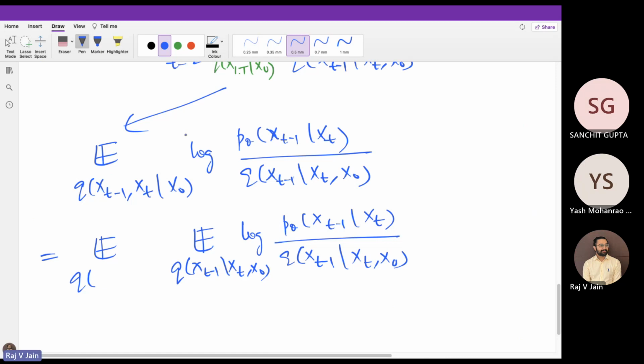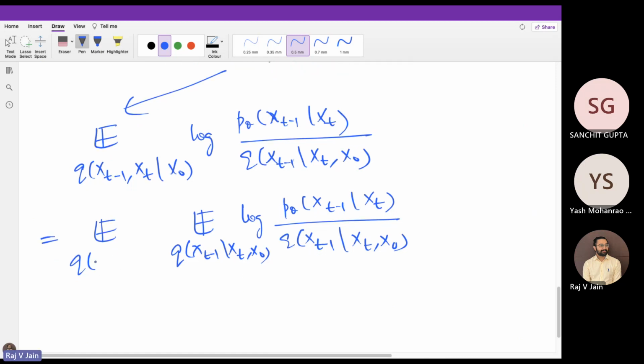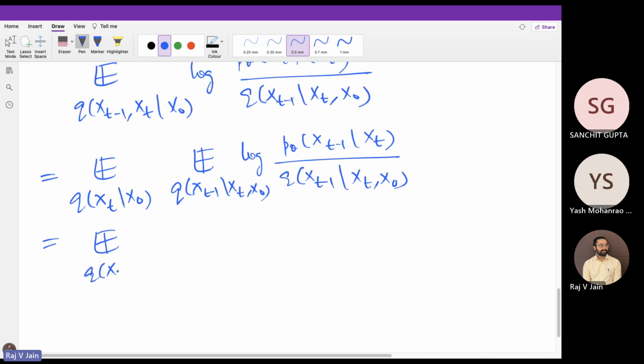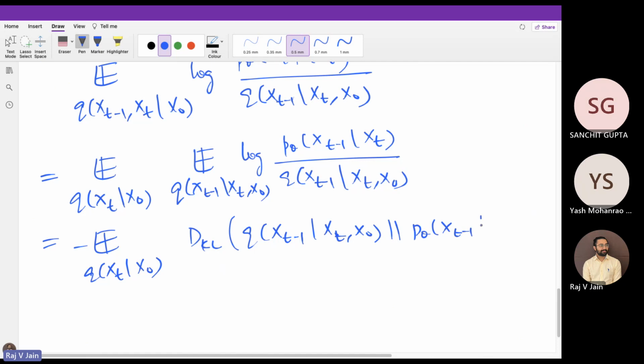Yeah, so xt given x naught, right? Now this can be seen as expectation over q of xt given x naught of DKL of q of xt minus 1 given xt comma x naught, p theta of xt minus 1 given xt.